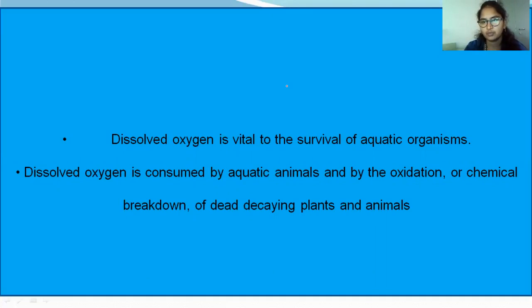First, before going to the procedure, what is the need of dissolved oxygen? Dissolved oxygen is essential to the survival of aquatic organisms. Naturally present dissolved oxygen enters the water when plants photosynthesize; wind and wave action also cause oxygen from the air to dissolve into water.